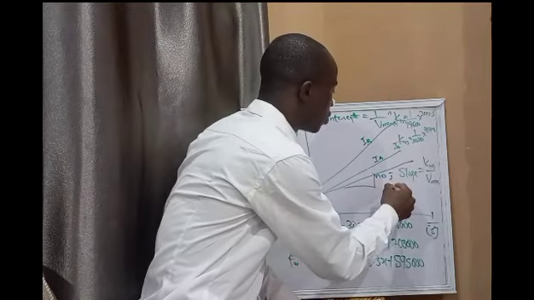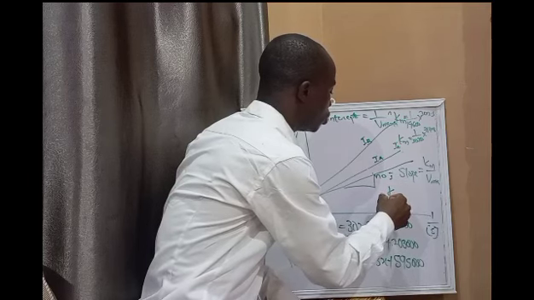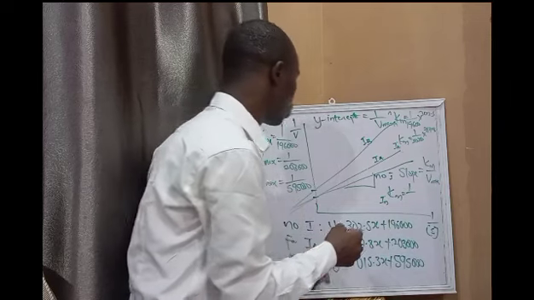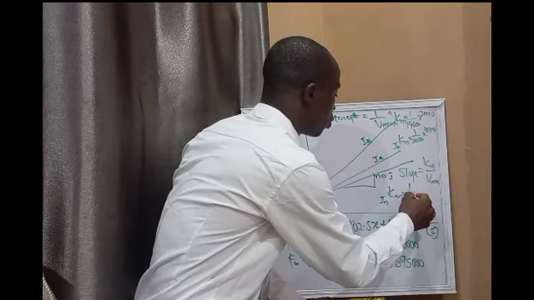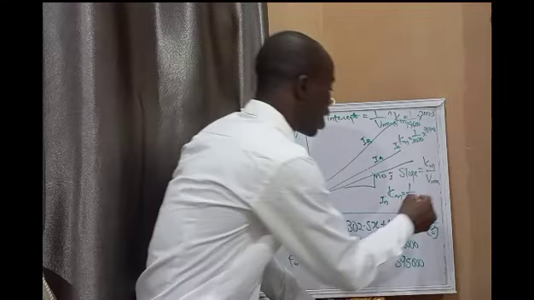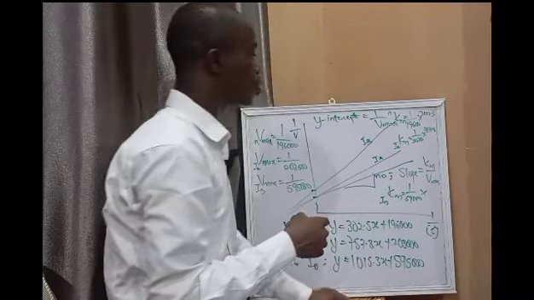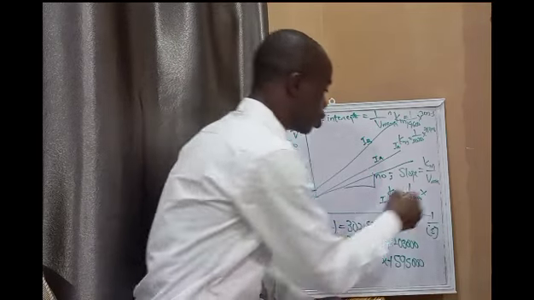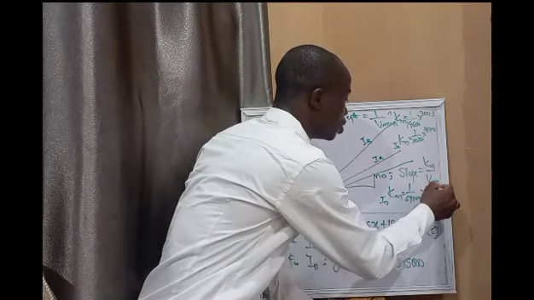And lastly, the Km for inhibitor B will be 1 over the y-intercept. The Vmax here is 1 over 595,000, and then multiplied by the slope of the line, which is 1015.3.